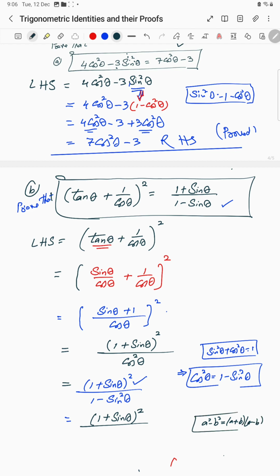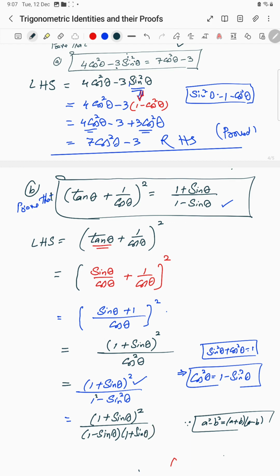Students get confused here: the first term a square is 1, and 1 square or 1 cube doesn't affect it, so it remains 1. So I can write 1 square minus sine square. Applying this identity, I will write 1 minus sine theta times 1 plus sine theta, right?